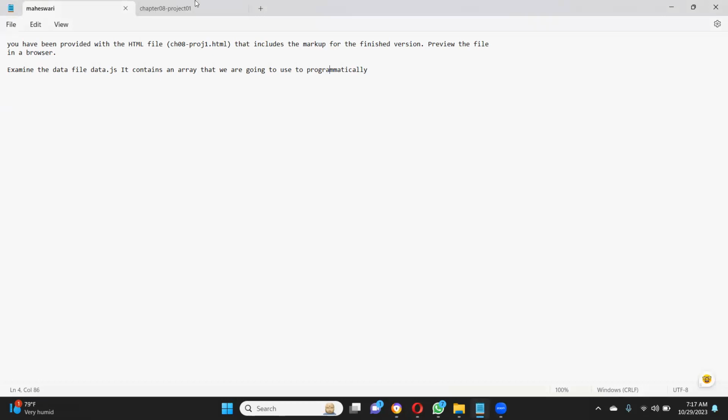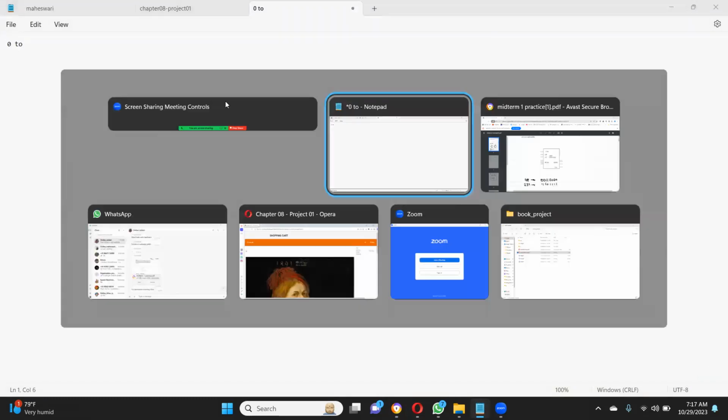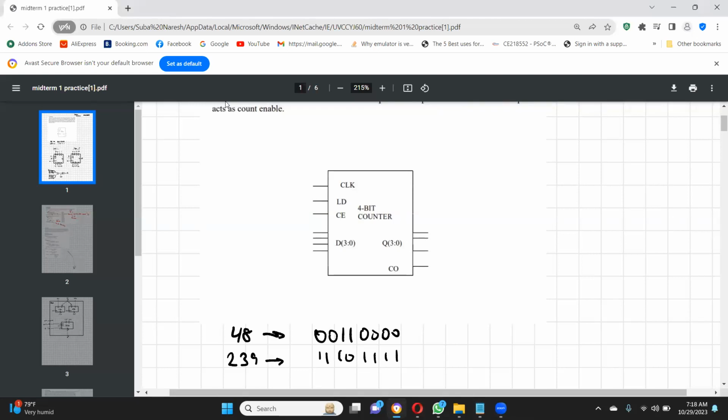So tell me, as it has a maximum of 4 bits, let's say I start from 0, to how many numbers can it count? The 4-bit count, 1111. 1111 is what?